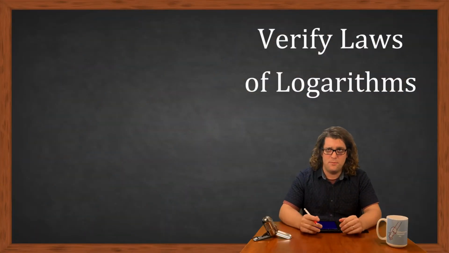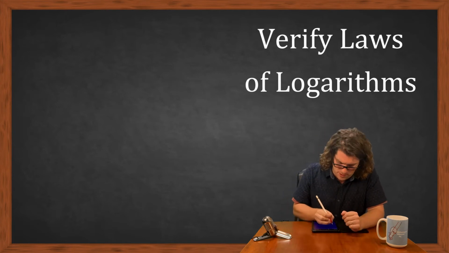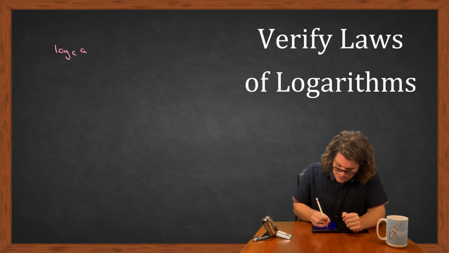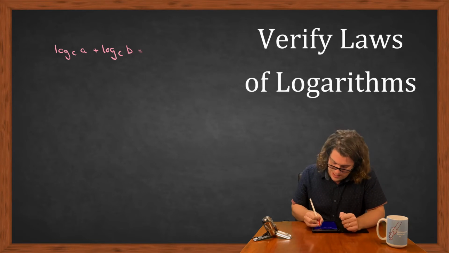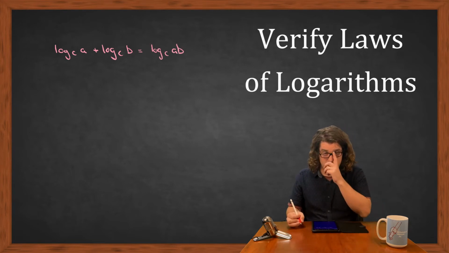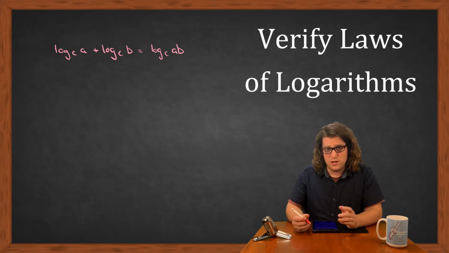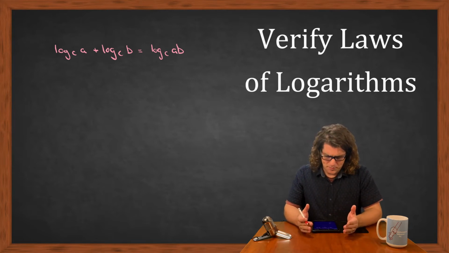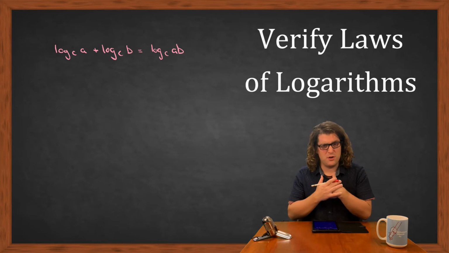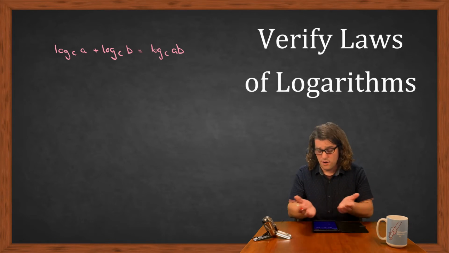All right, now, we're going to start with this one because this one's in my head right now. Log base c of a plus log base c of b. We want to show that's equal to log base c of a times b. So what I'm going to do is create some new variables.